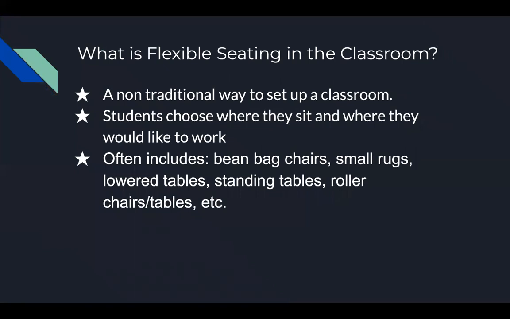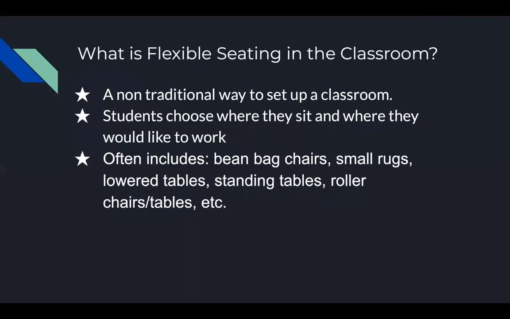So what is flexible seating in the classroom? It is a non-traditional way to set up a classroom. This is not seen in many classrooms, and students choose where they sit and where they would like to work. So they choose maybe who they work best with and what areas of the classroom they would be most successful in to work in. And they often include beanbag chairs, which are really fun, small rugs, lower tables, standing tables, roller chairs / tables.